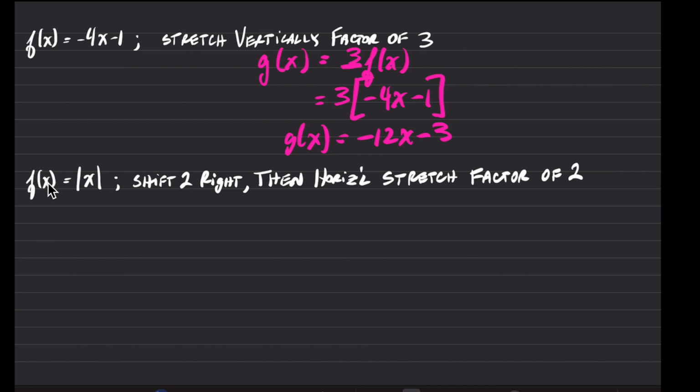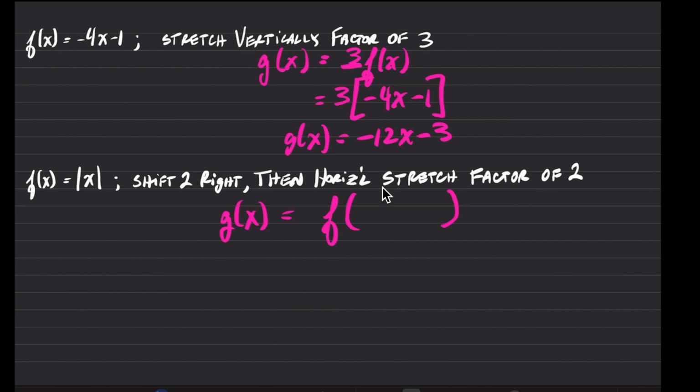Down below now we got two things going on. We have a parent function of the absolute value of x. We're going to shift it 2 to the right and then a horizontal stretch factor of 2. Both of these are horizontal transformations. If you're shifting right or left, that's horizontal. If you're doing a horizontal stretch, then obviously that's horizontal. That means when we create our theoretic transformation of f of x, we're going to be working inside the parentheses.